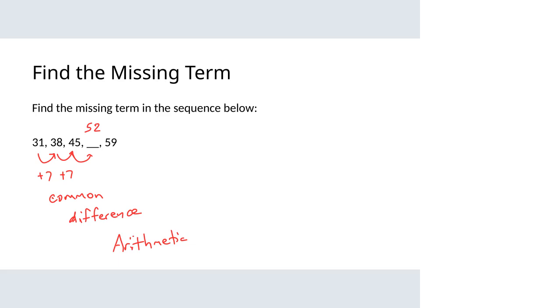If we wanted to write a formula for this, it's an arithmetic sequence, so it's a plus d times n minus 1. And so this would be a_n equals a, my starting point, plus d, my difference, which is 7, times n minus 1. If anything there doesn't make sense, or you're not sure of it, or you're not comfortable with it, don't hesitate to ask.